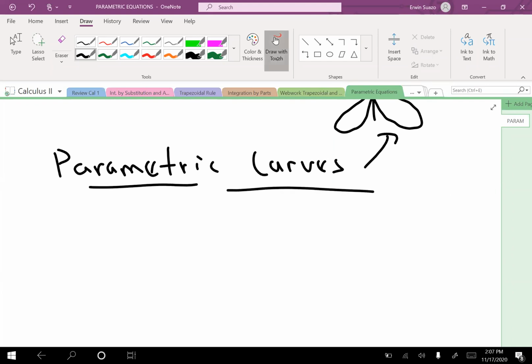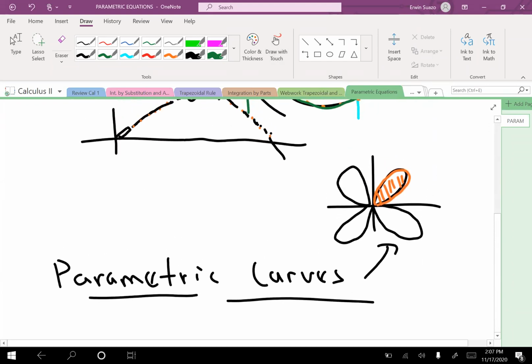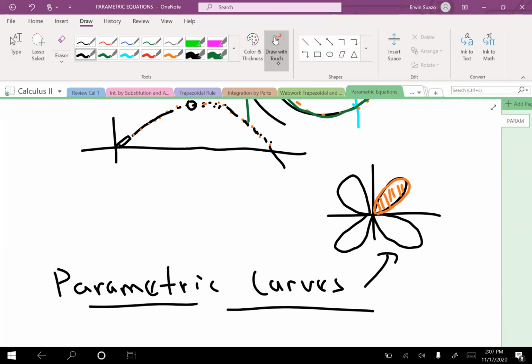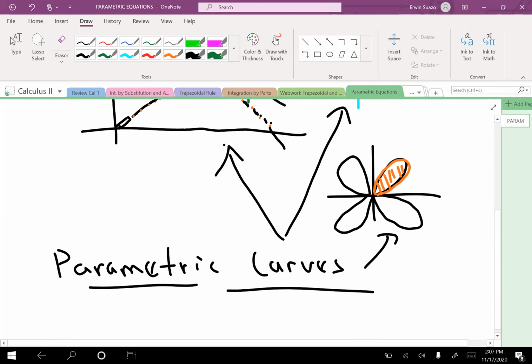So this is a parametric curve. Even the functions are parametric curves. All these three are parametric curves.